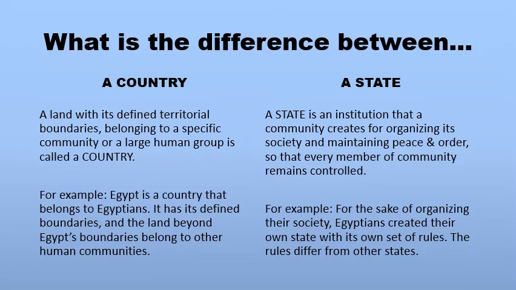For example, for the sake of organizing their society, Egyptians created their own state with its own set of rules, and these rules are not the same in all the states in the world. The rules are different in different states, which are there according to the wishes of the people living in those communities. So this is the difference between a country and the state.